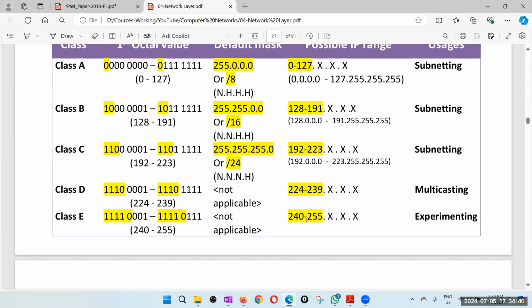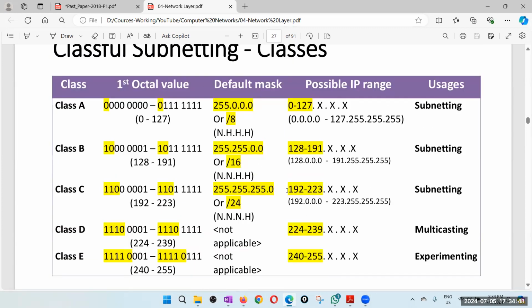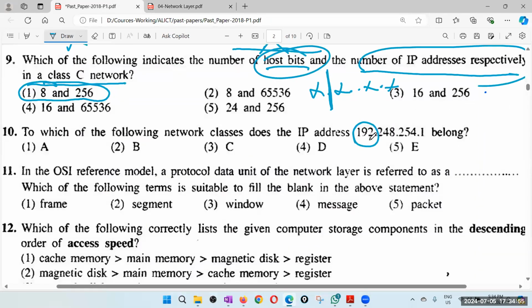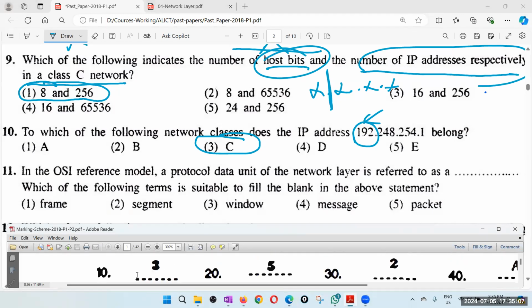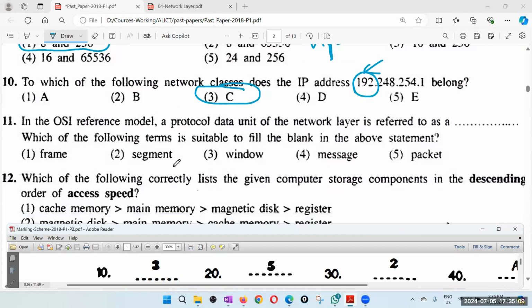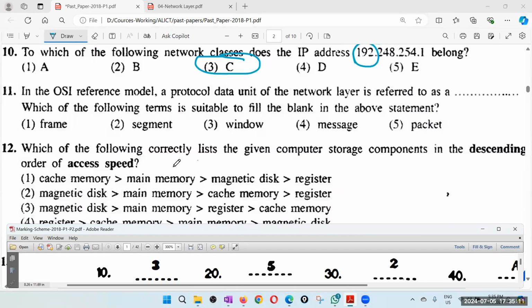You need to remember that. So this question is under 192 to 223, because this is 192. Therefore, this is a class C address. You just need to look at the first octet. Answer is class C. Answer is the third one.